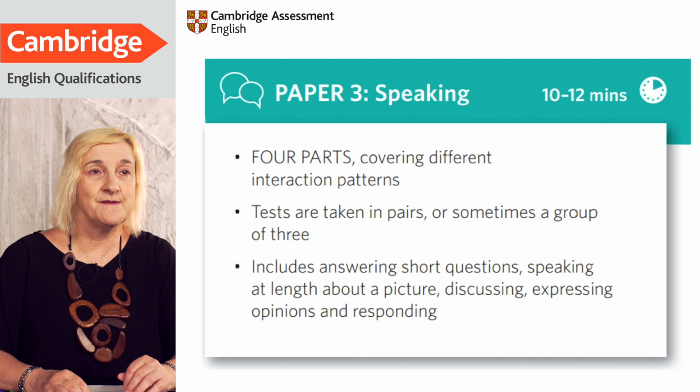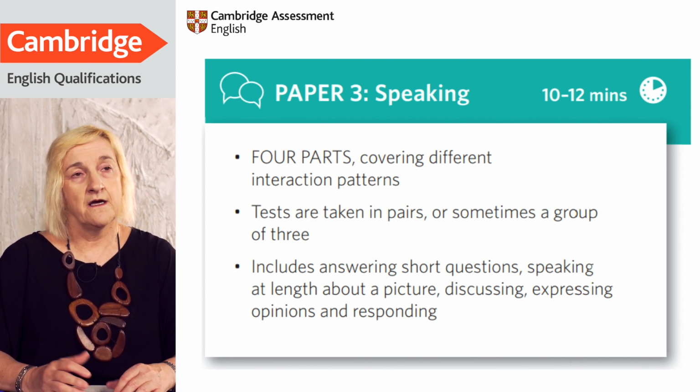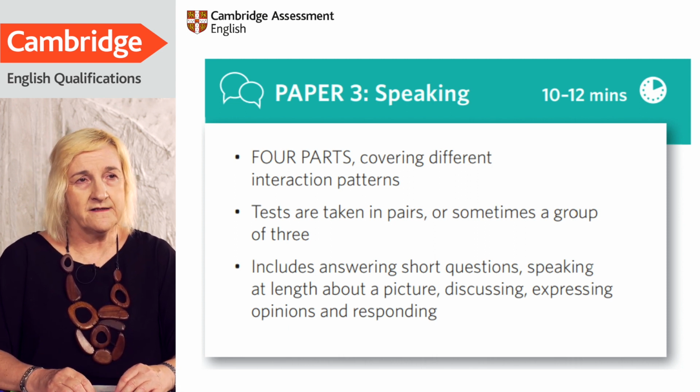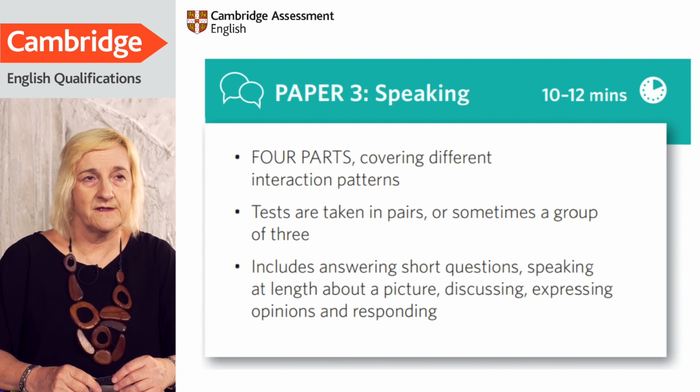There are 4 parts in the speaking test. And again, the idea is different interaction patterns, production and interaction, and we'll look at that in more detail. And as you can see on the slide, it's taken sometimes in a group or sometimes in a pair.